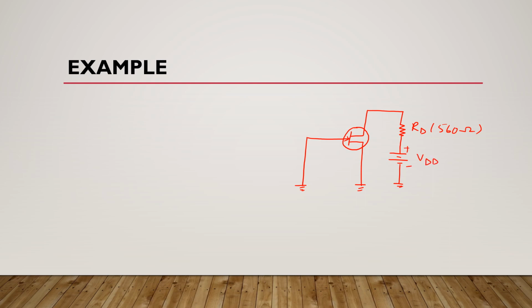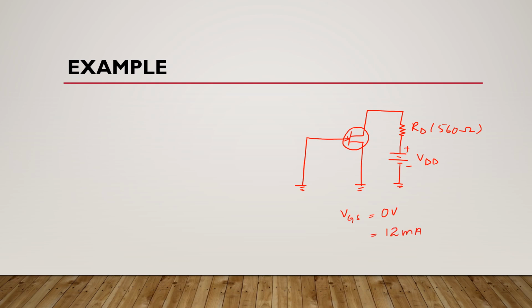Now if you have a configuration like this and you have to determine the minimum value of this VDD which is required to put this device in the constant current region of operation when VGS is 0 volts and constant current is 12 milliamperes.